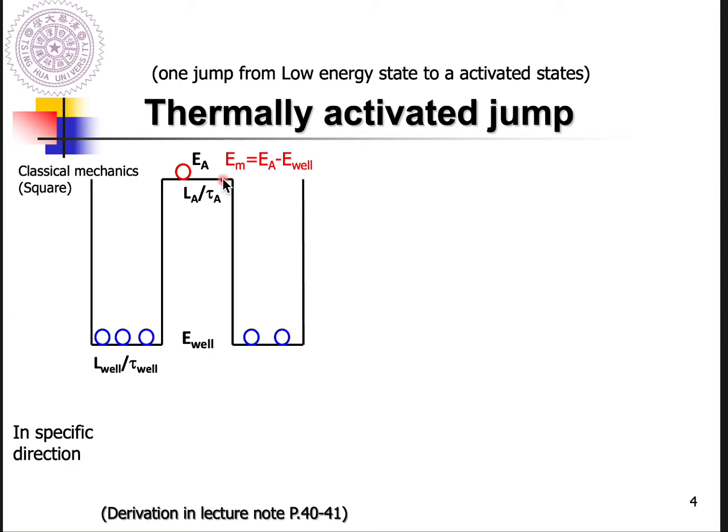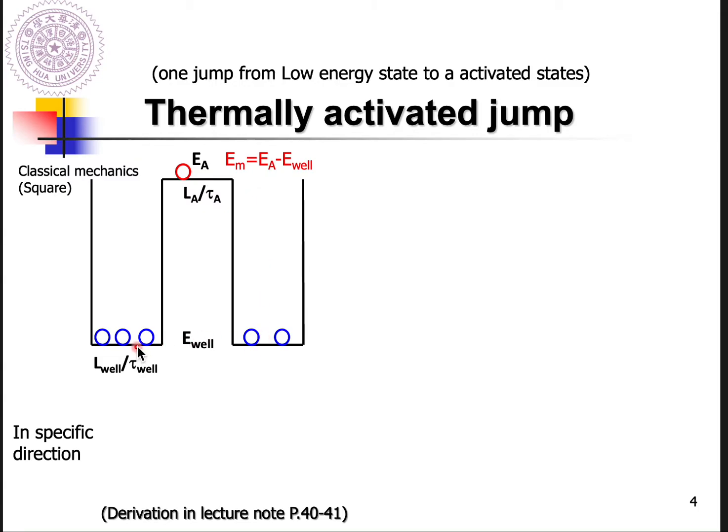Okay. So the thermally activated jump is atoms jumping from a low energy state toward the activated state. And next, as long as these atoms jump to the activated state, to decrease the total energy of the system, this jump definitely is a spontaneous process.